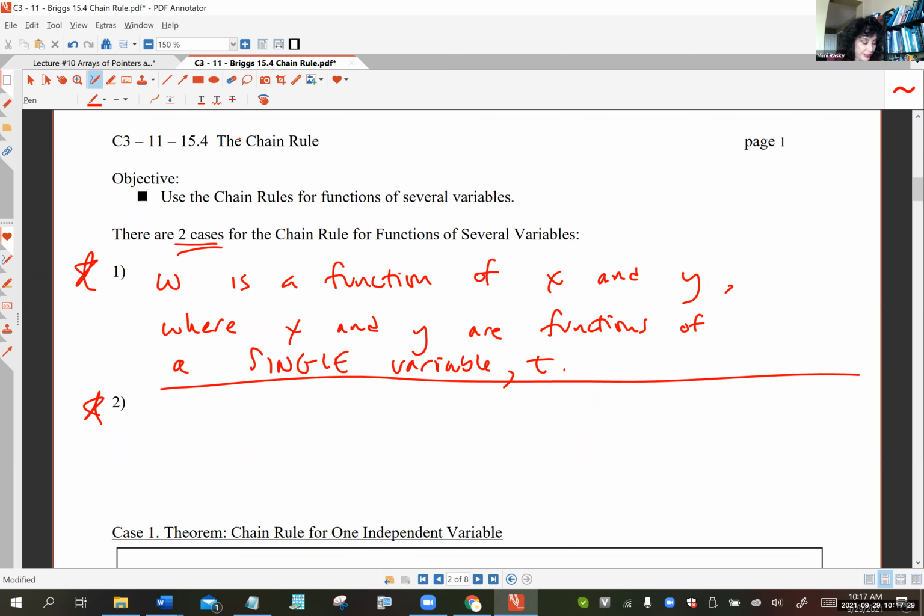The second case, so the second portion of this chain rule lecture, we're going to look at w again and have it still be a function of x and y. So that hasn't changed. Where x and y themselves are functions of two variables.